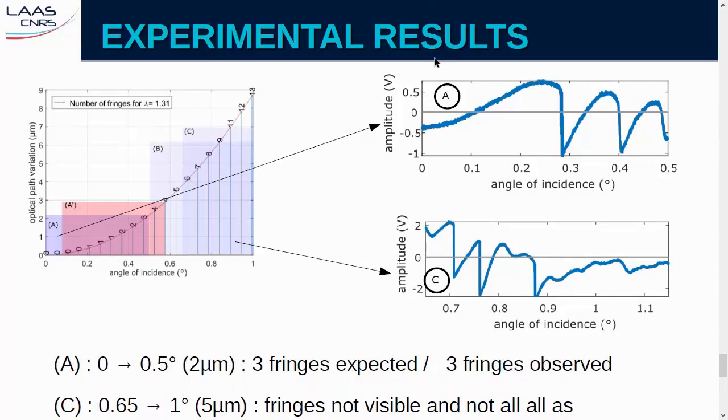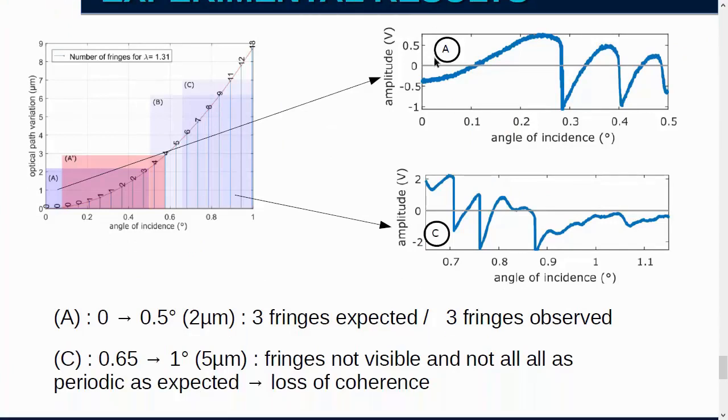So here are the experimental results that we observe. We cut the variation in angle in 4 parts, so I will only present the A and the C. The A is from 0 to 0.5 degree, which represents 2 micrometers of change in the external length. The model predicts that there will be 3 fringes, and we see that there are 3 very visible fringes.